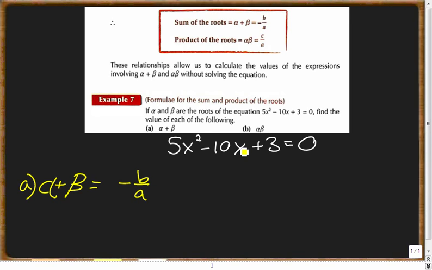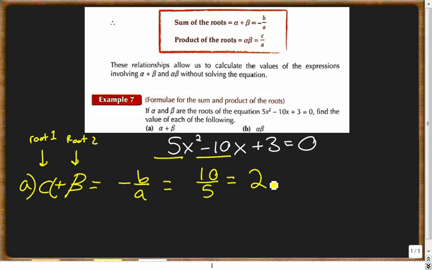So the sum of the two roots, root 1 and root 2, is negative b over a. That's the opposite of negative 10, so 10 over 5, and that equals 2. So the sum of the roots of the equation is 2.